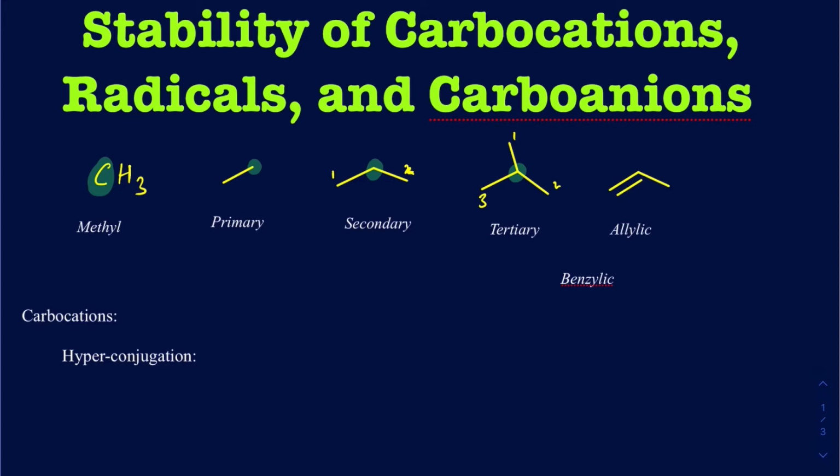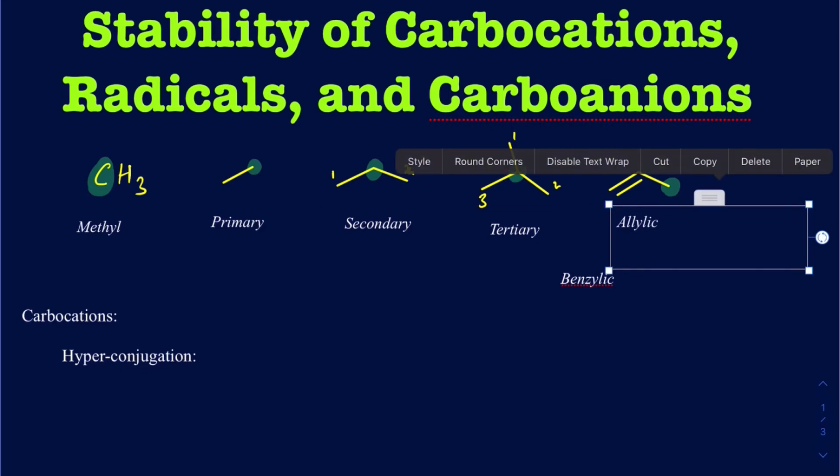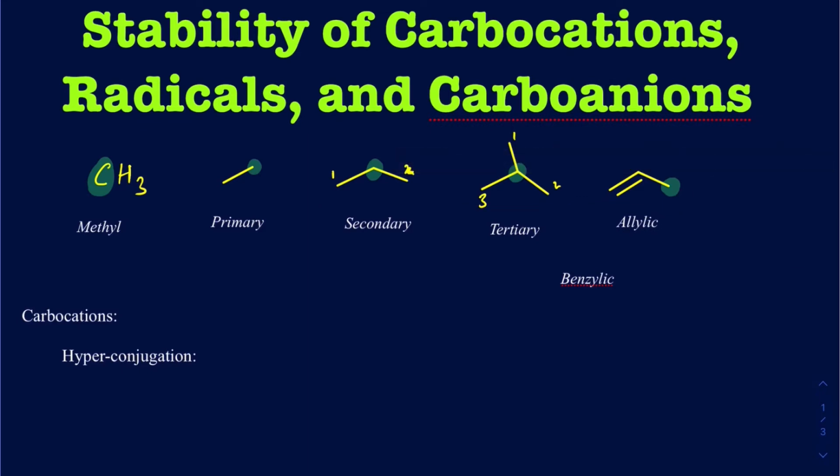So if you have a double bond and one carbon away, you have this position right there. That position is going to be called an allylic position. So if you have a positive charge there, then it would be called an allylic carbocation. If it's a negative charge, then you call it allylic carbanion. If it's a radical there or electron there, then it's going to be called an allylic radical.